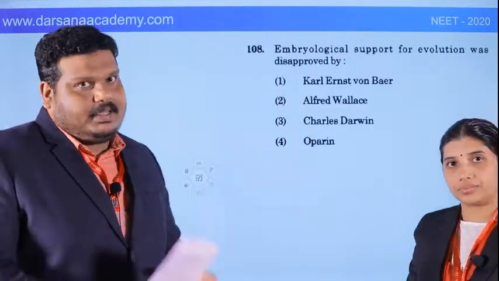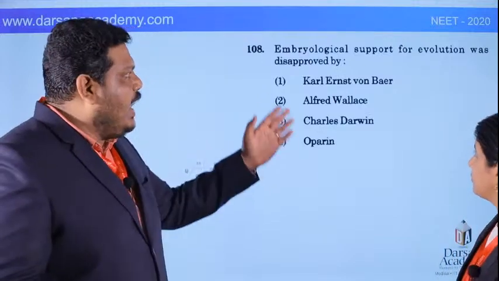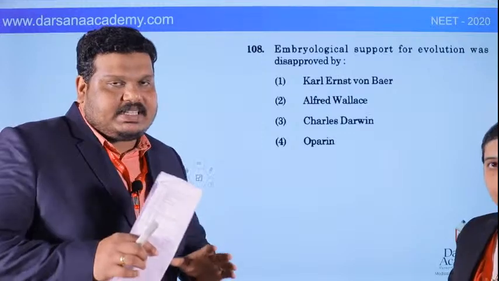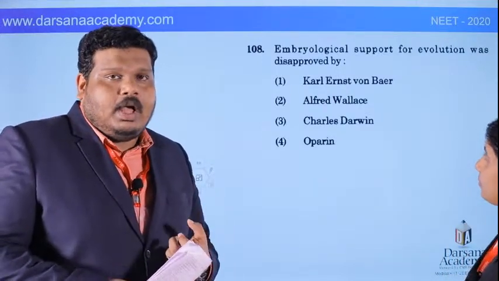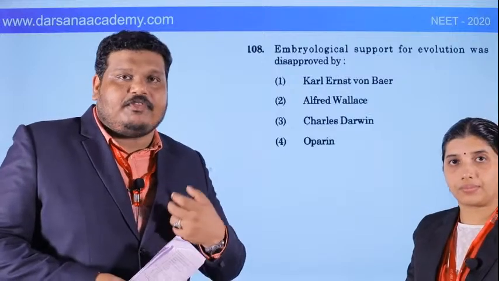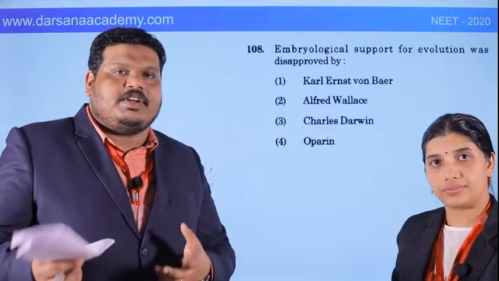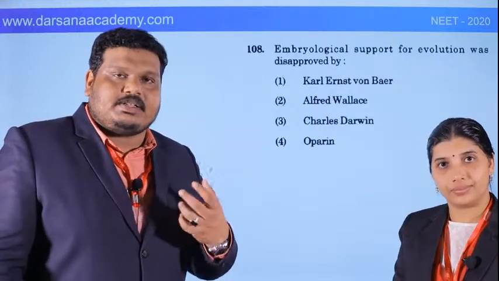Oparin is the person who described the origin of life. There is no chance of embryological evidences with him. Karl Ernst von Baer is the person who described the embryological evidences. That means in the earliest stage of development of an embryo, the primary characteristics form first, and then the secondary characteristics. Primary characteristics, like in all vertebrates, the vertebral column is present, heart is there, respiratory systems are there.